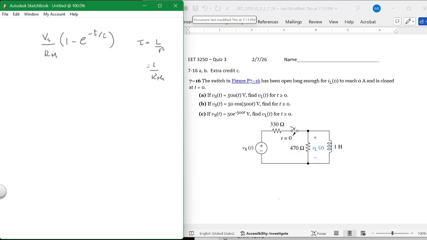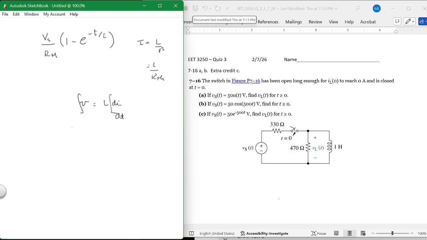For the one here where you're looking at Eli, voltage is equal to L di over dt. So integral of the left is equal to the integral of the right.